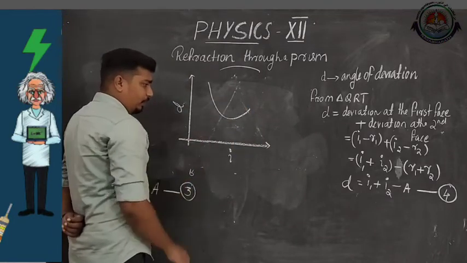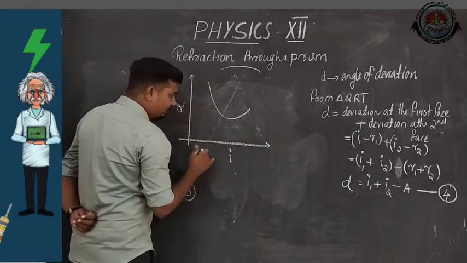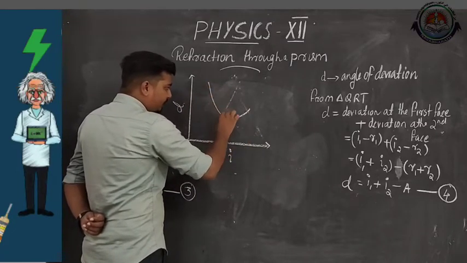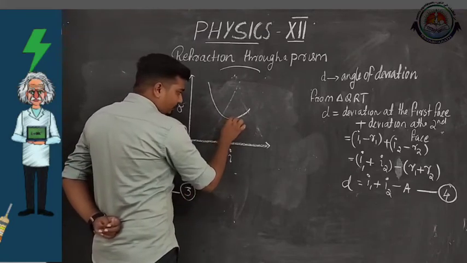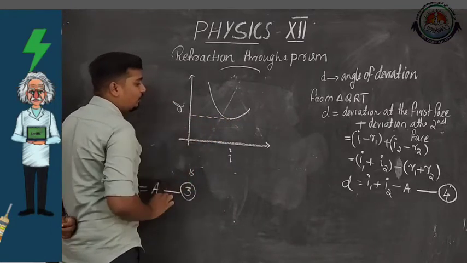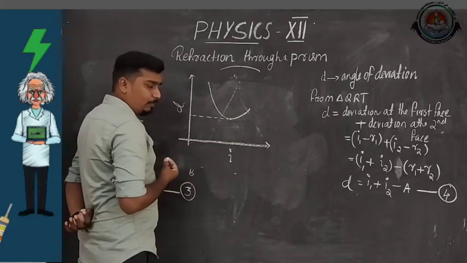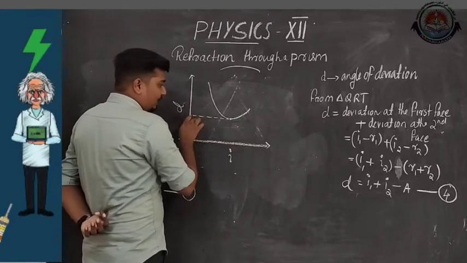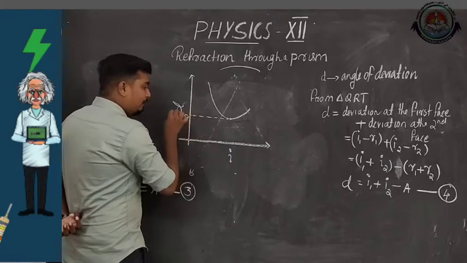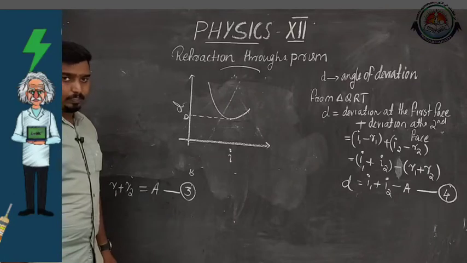That is inversely proportional. At the minimum point of this deviation, it is called the angle of minimum deviation. That is represented as capital letter D. Clear?